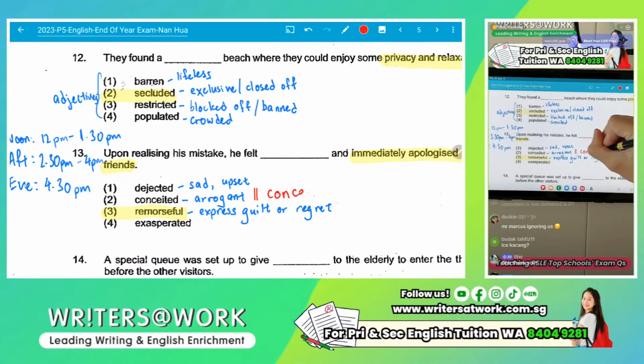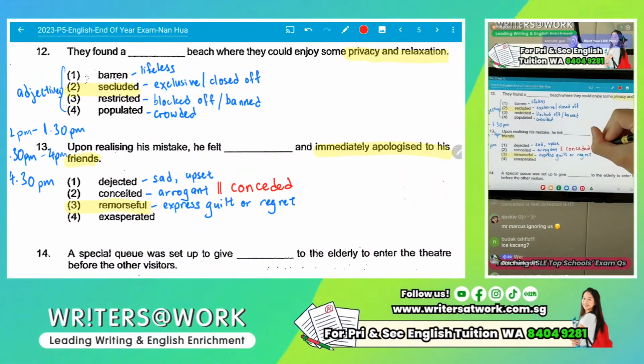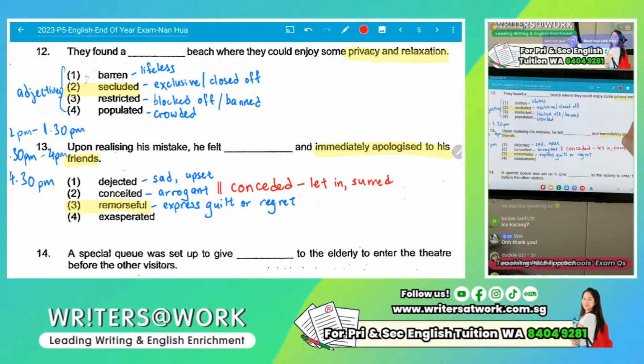If you enjoy watching sports like football, the goalkeeper conceded a goal. To concede is to let in or to admit defeat. You concede defeat. To surrender. So yes, a very similar sounding word, but be careful of the different meanings.